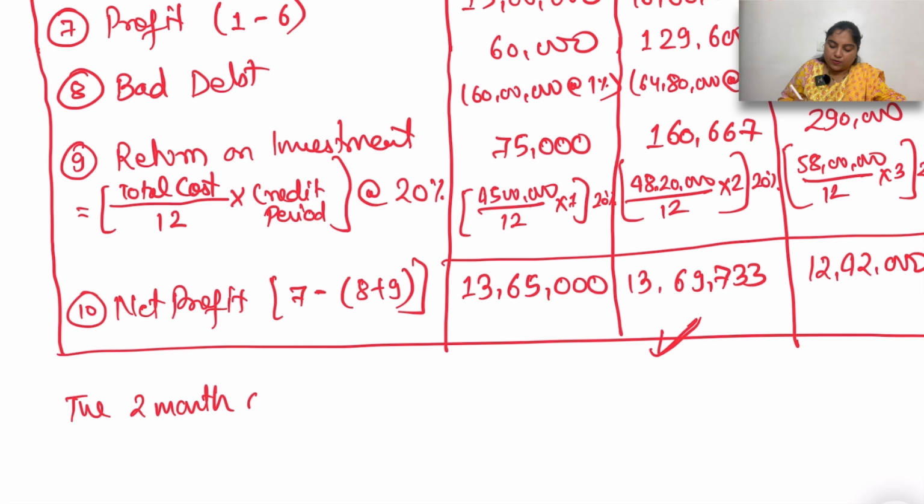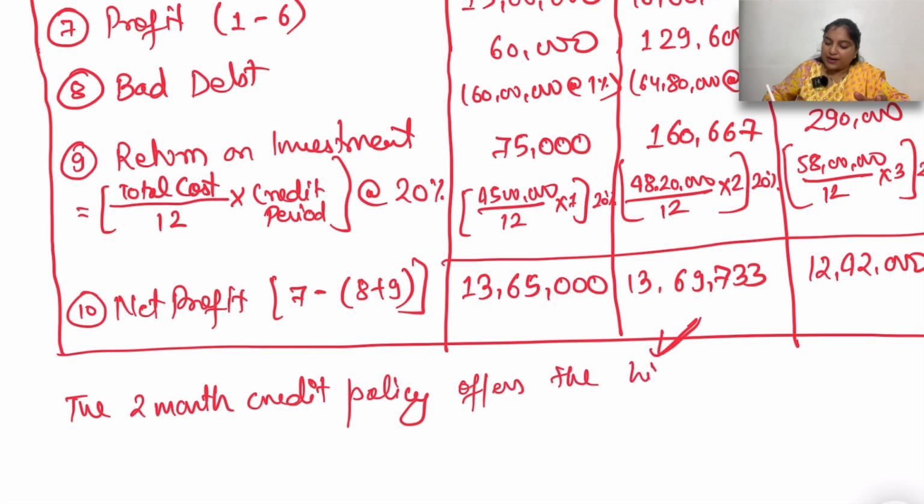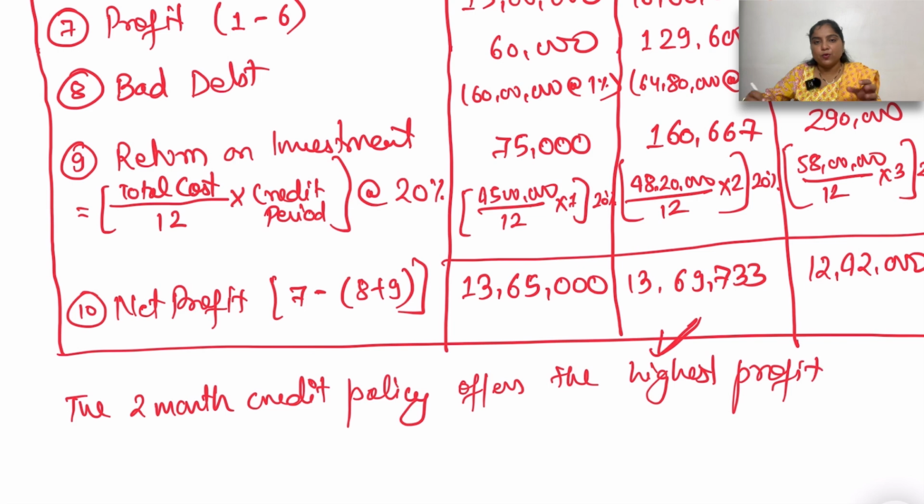So the 2 month credit policy, if you can see, because the question is asking which policy offers the higher profit. Please don't write it as it is in your examination, otherwise the examiner gets an impression that every student came from the same platform. So don't do that, use your own language. I'm just helping you so that you should at least mention something as a conclusion if the question specifically asks which is best.